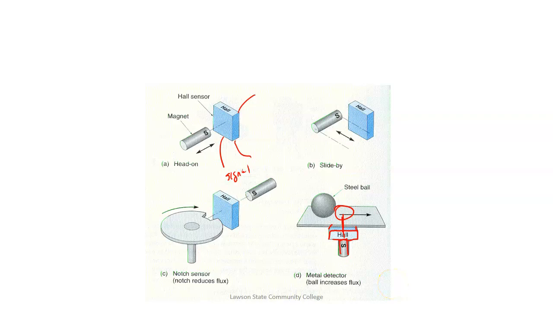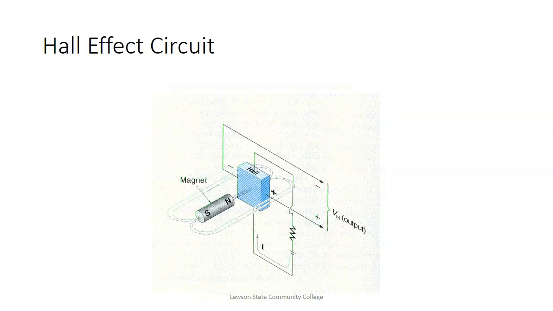So we can buy Hall effect sensors that appear to sense metal, but they have a magnet inside of them, which is different. A Hall effect sensor itself cannot sense metals. It senses a magnetic field, but we can make it look like it does by putting a magnet inside the sensor itself. But they're definitely going to be 3 wire.